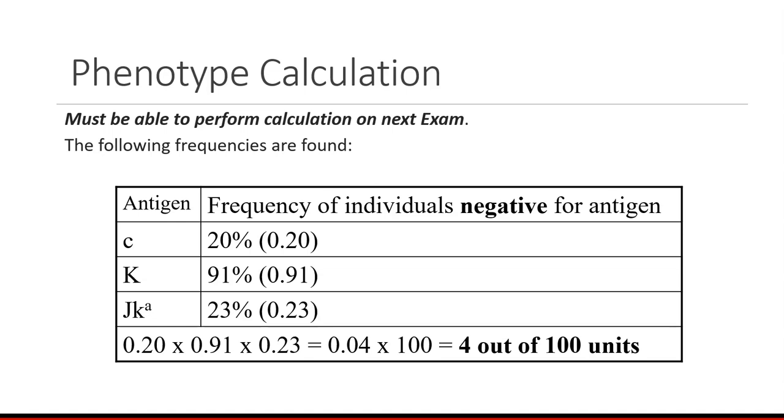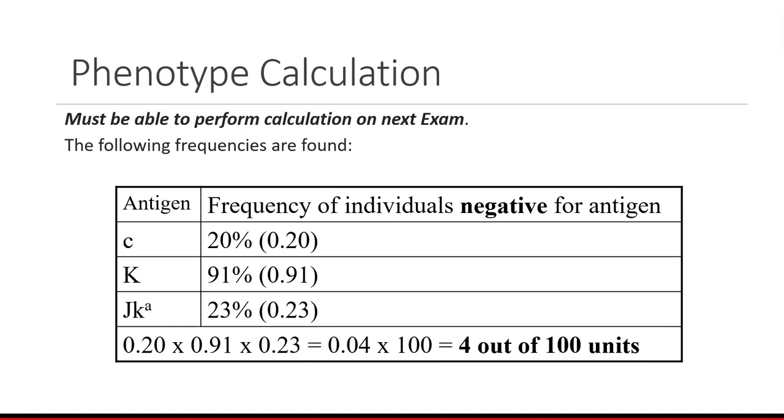So in this case, we have a patient who has an anti-c, an anti-Cal, and an anti-JKA. So the frequencies are 20% of the population are negative for little c, 91% are negative for Cal, and 23% are negative for JKA. In order to determine how many units you're going to need to test to find units that are negative, multiply the frequencies together.